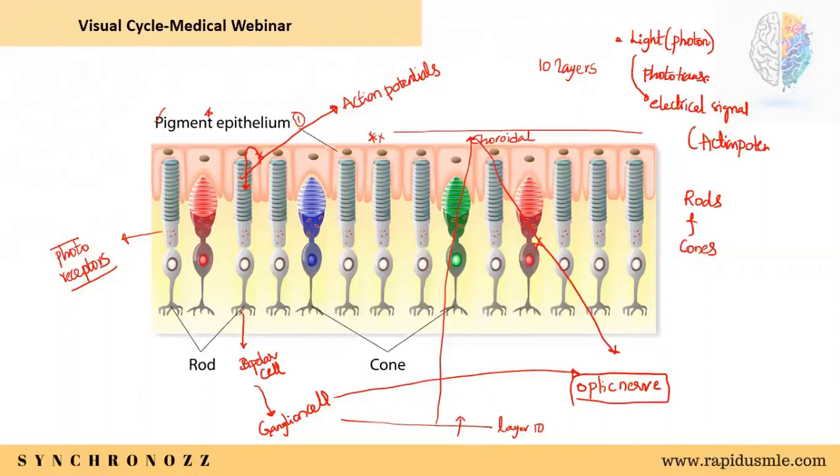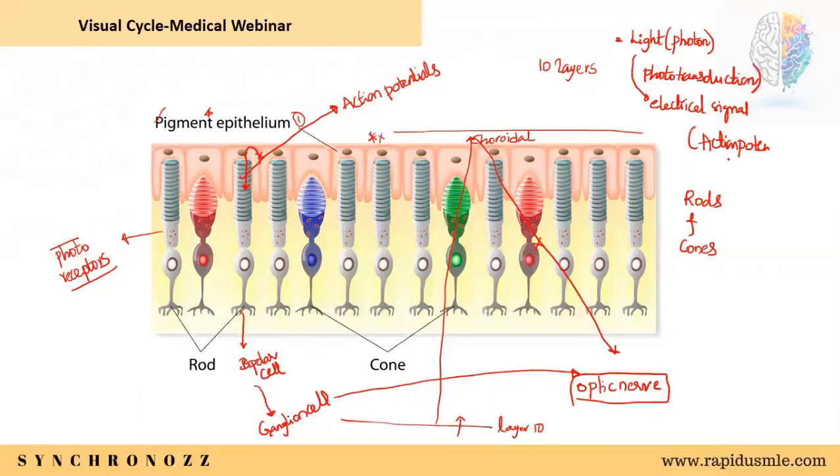So now you know what phototransduction is. Phototransduction is the conversion of light energy which is hitting the retinal pigment epithelium into an electrical signal, so that the changed form of energy is carried towards the brain, so that you can interpret what is happening. The visual interpretation is done through this mechanism.